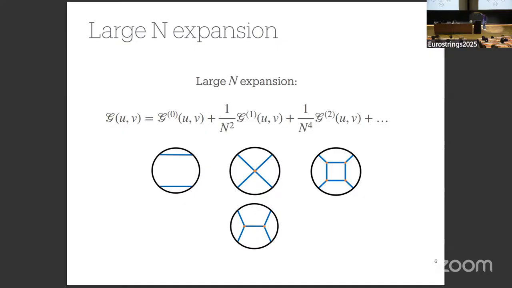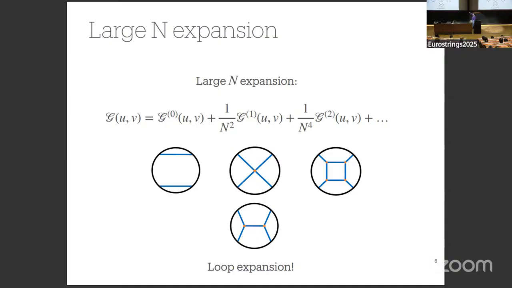Then at order G1, we have this quartic term and this other term, which is just an exchange here. So this is again order 1 over n squared, while at order G squared, in principle, there is this diagram here. There can also be bubbles, but in the particular case of n equal 4, they do not appear. But this is a pictorial illustration of how we can expand our 4-point function in inverse powers of n, and the fact that this corresponds again to the loop expansion.